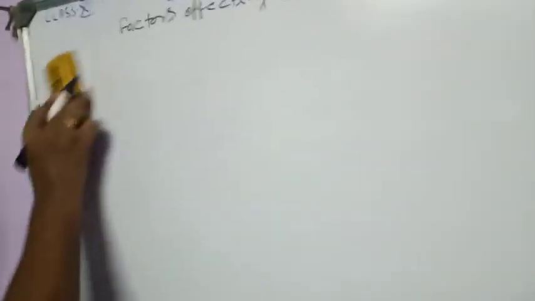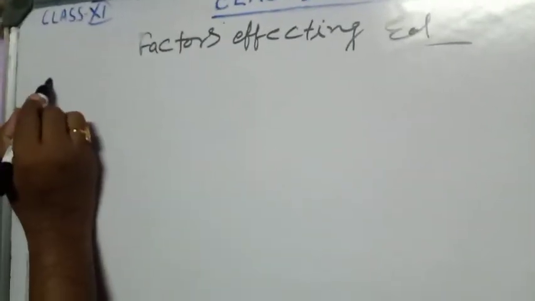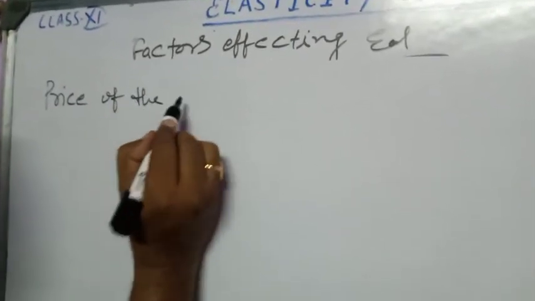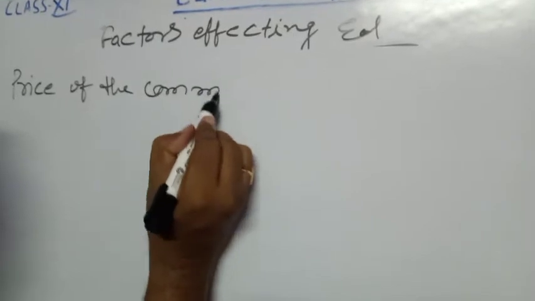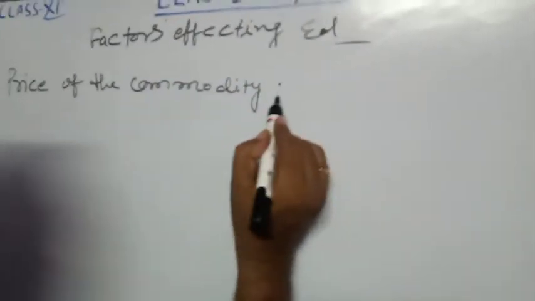Okay, next, that is the price of the commodity. So there are two kinds of price.